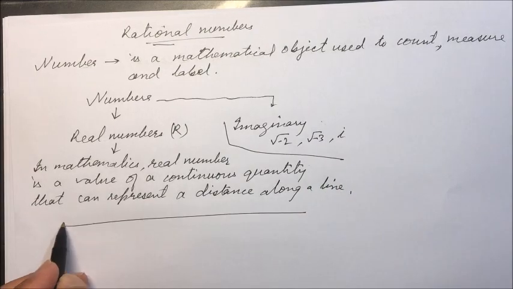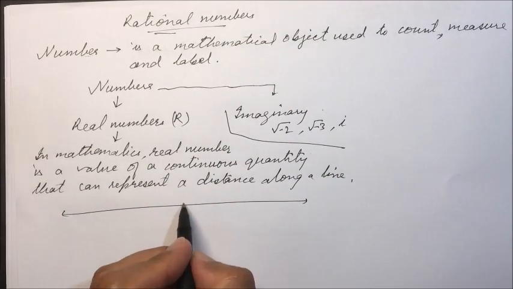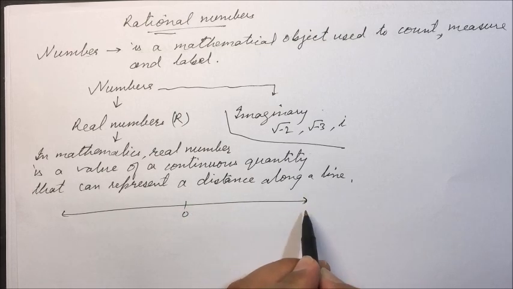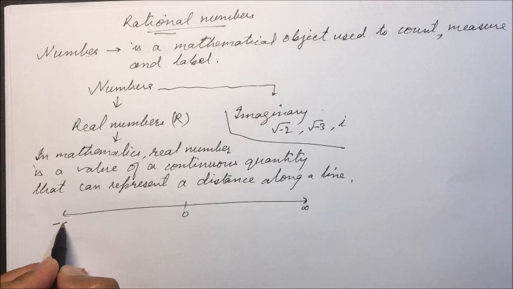For example, we draw a line. This line we have drawn here will represent 0. These will denote positive numbers up to infinity. This will denote negative numbers up to -infinity.